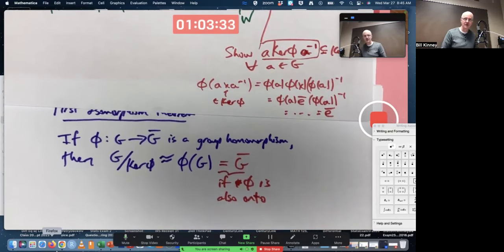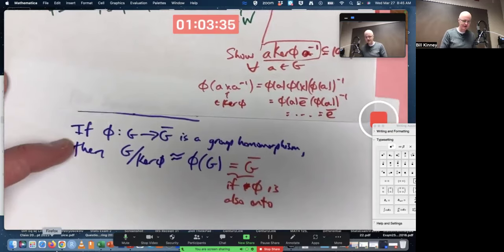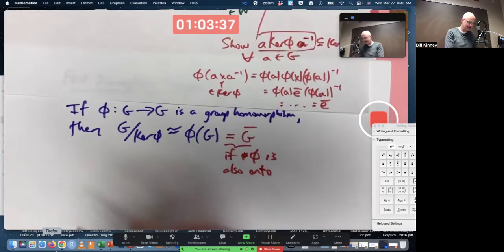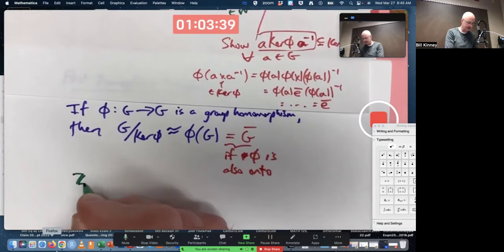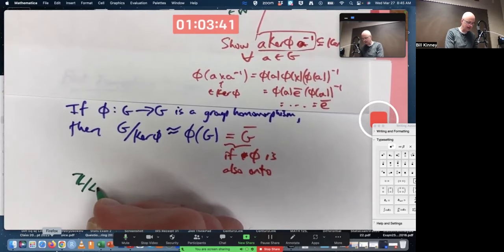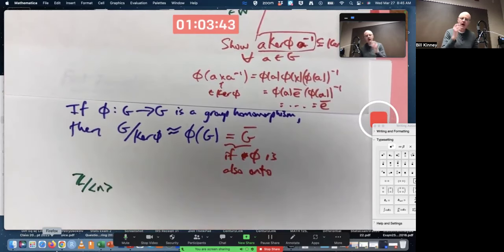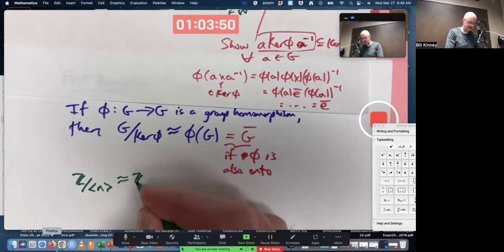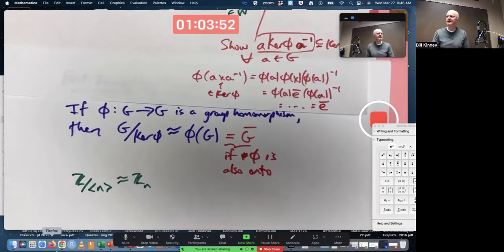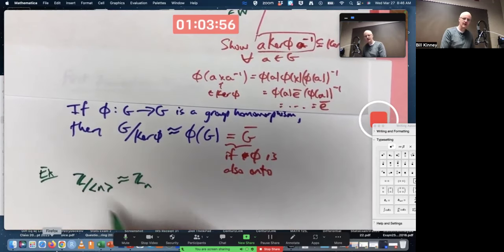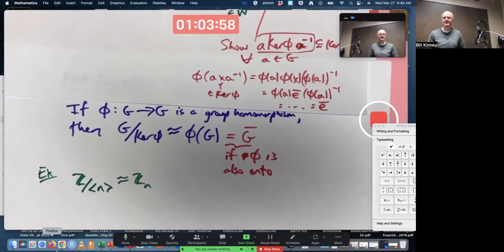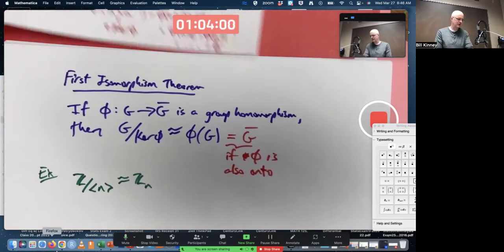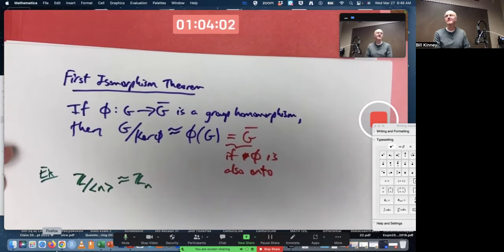For example, one thing it can help us prove is that the factor group of Z by the cyclic subgroup generated by n is isomorphic to Zn, like I mentioned at the beginning of class today. Here's an example. How would you prove this? You'd want to use the first isomorphism theorem.